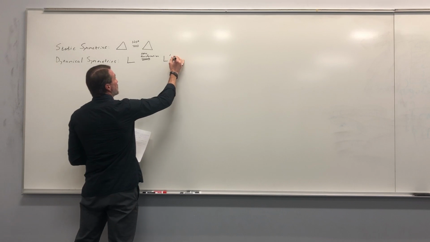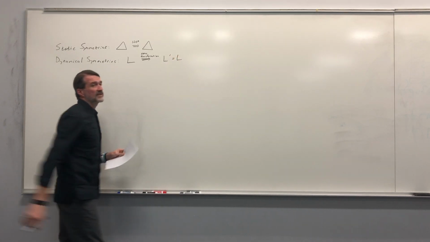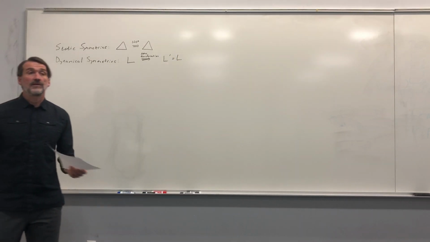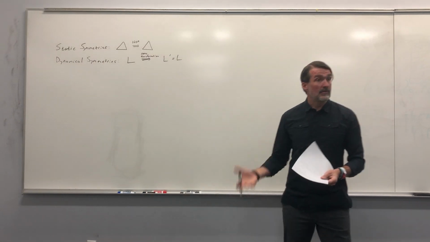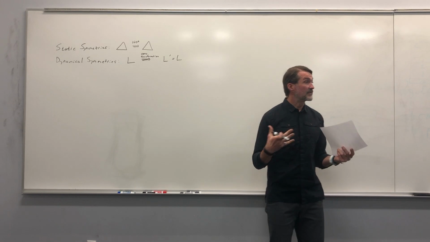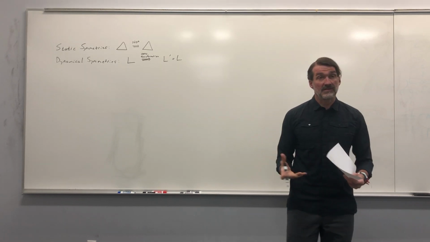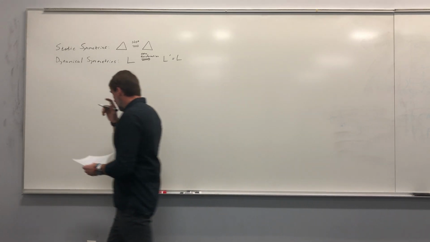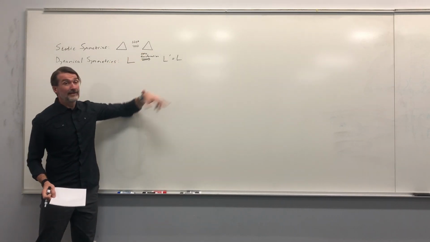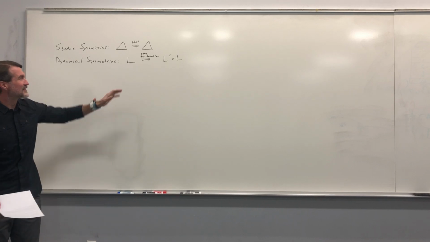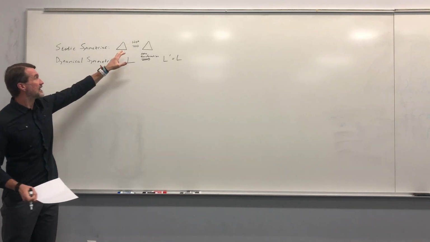But if the new form of the Lagrangian is identical to the original form, then we say that transformation represents a symmetry. It's a dynamical symmetry because the Lagrangian is responsible for the dynamics of the physical system. In a sense, triangle goes to triangle, L goes to L. They do look the same, but there's a lot more in the Lagrangian than there is in a triangle.